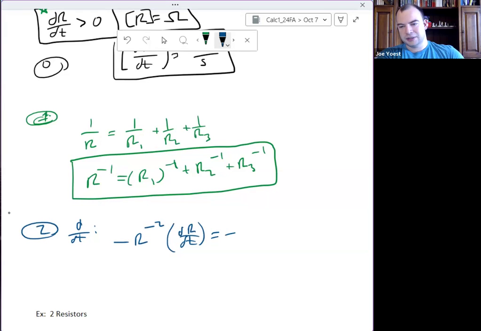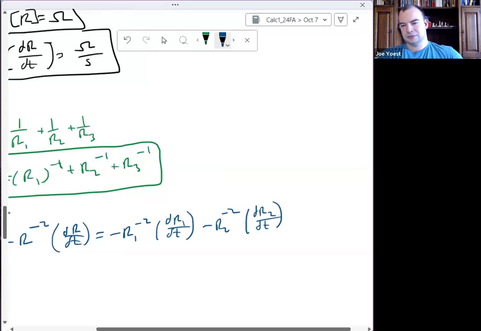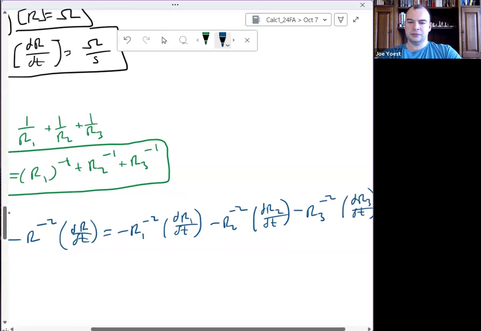And I do the same thing over here: negative R1^-2. I'm just bringing down the power, subtracting 1 off the power, making sure to go the right direction. Negative 1 minus 1 is negative 2, times dR1/dt. And then minus R2^-2 dR2/dt, and then minus R3^-2 dR3/dt. It's a lot to write out, but that's what it is.